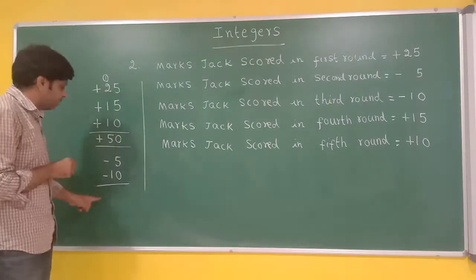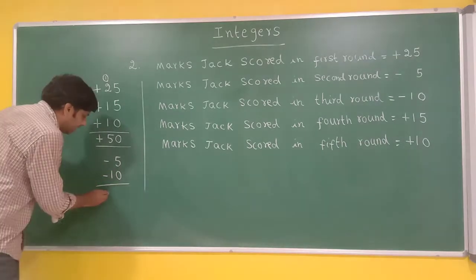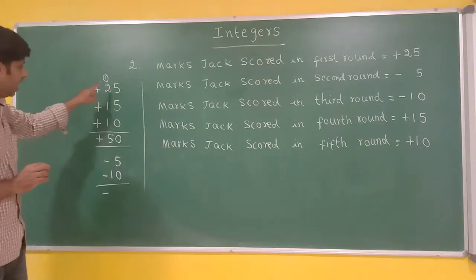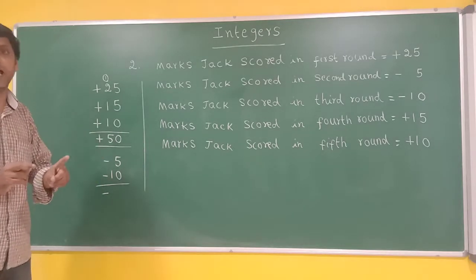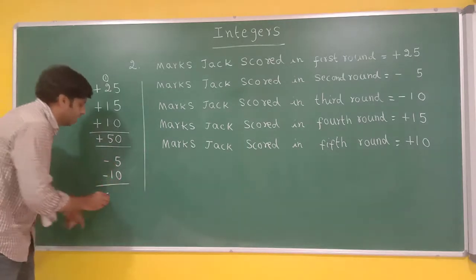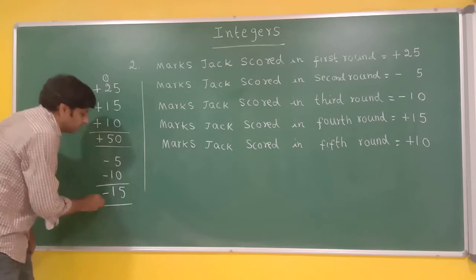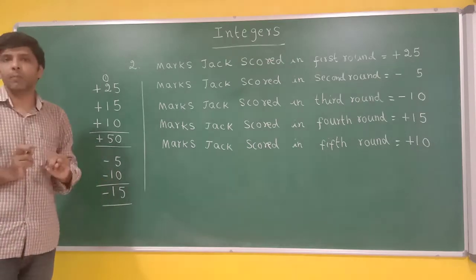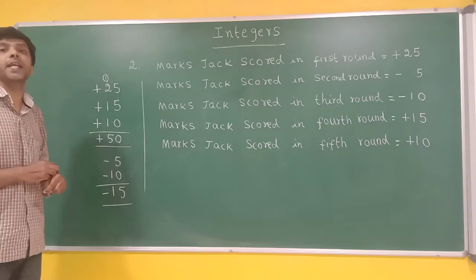So I am going to add this. But for the final answer, the sign will be minus. If all the numbers are positive, the answer will have a positive sign. If all the numbers are negative, the answer will have a negative sign. 5 plus 0, 5. 1 as it is. So now we have only two numbers. One number is plus 50, the second number is minus 15.